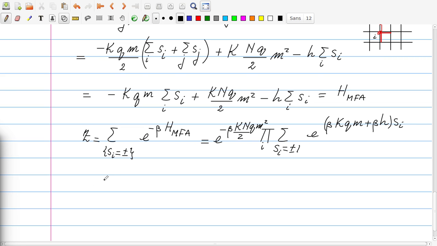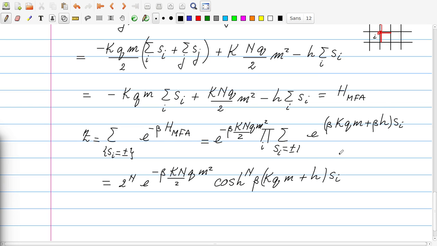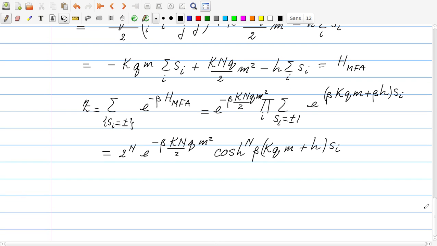And we can immediately see that this gives us 2 to the power n, e to the power minus beta k n q m squared, times the cosine of beta times (k q m plus h s_i). So we have the argument here now occurring in the cosine, which appears with this factor of n.